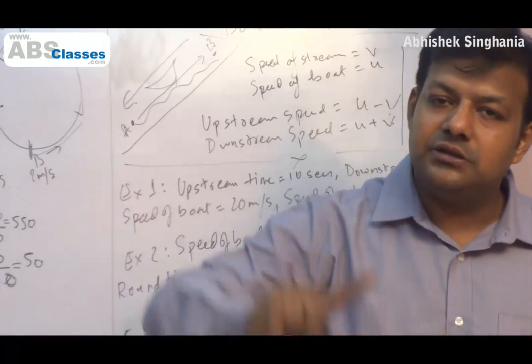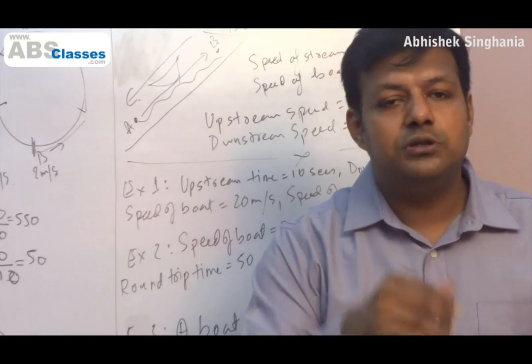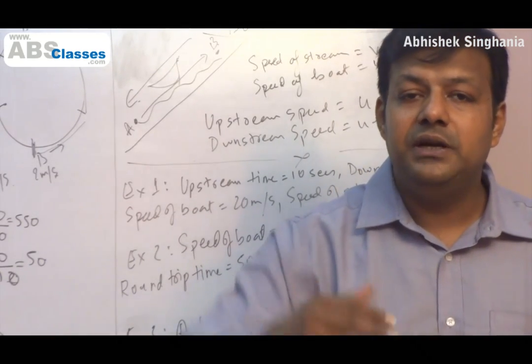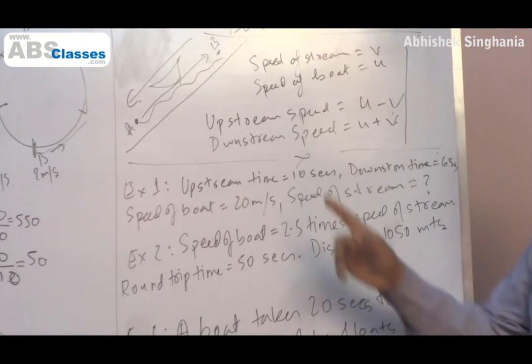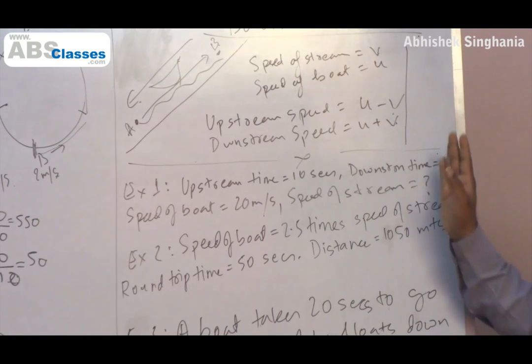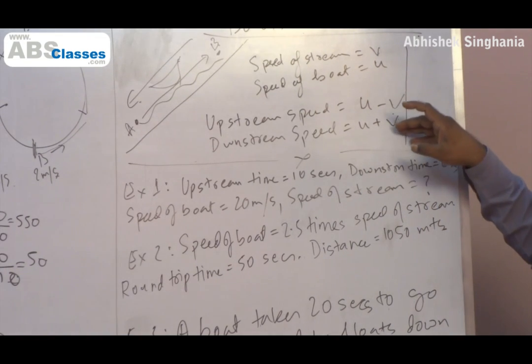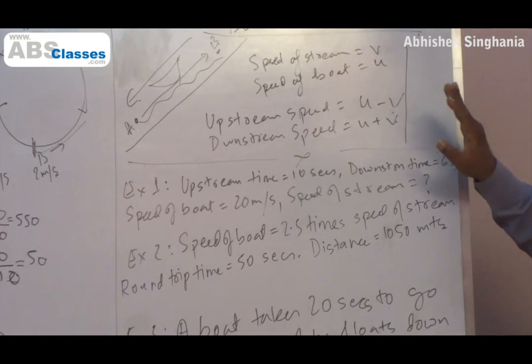Distance of upstream and distance of downstream is same, which means time will be inversely proportionate to the speed. What is the speed? Upstream speed and downstream speed. The ratio of time, upstream and downstream, is 10:6. So ratio of upstream speed and downstream speed will be 6:10, which is 3:5.